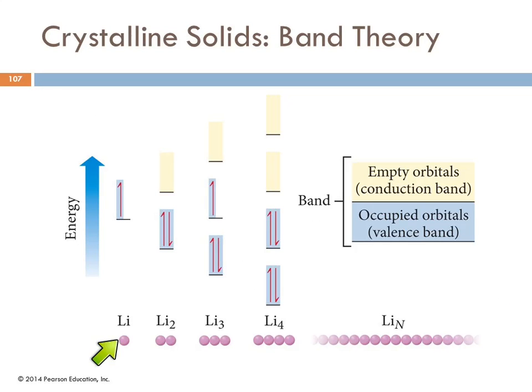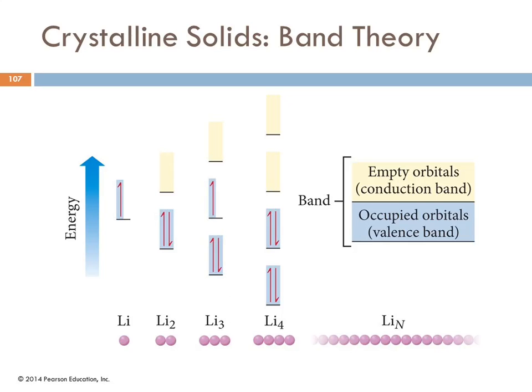When we put more and more atoms together and their orbitals combine to form molecular orbitals, the differences between these energy levels becomes less and less and less. Depending on the type of substance, there can be a gap in the middle, a separation between the antibonding and the bonding orbitals.